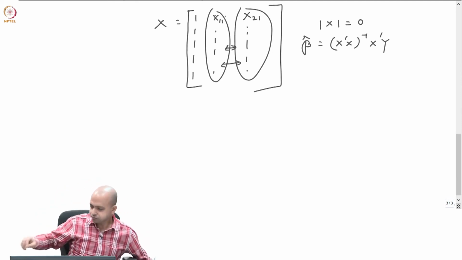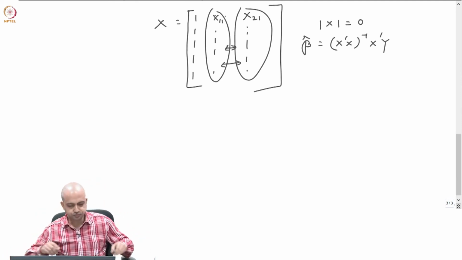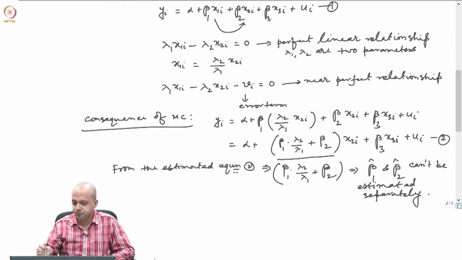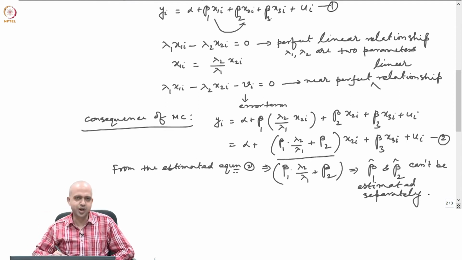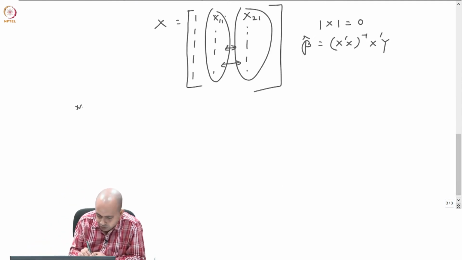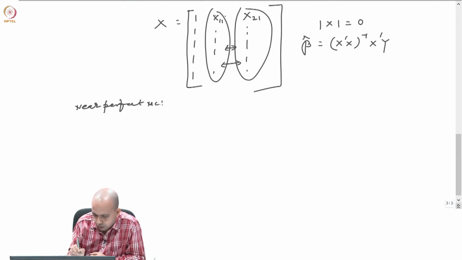But what will happen if you do not have perfect linear dependence, but a near perfect linear relationship? What would be the consequences of that? Let us say we have near perfect MC.